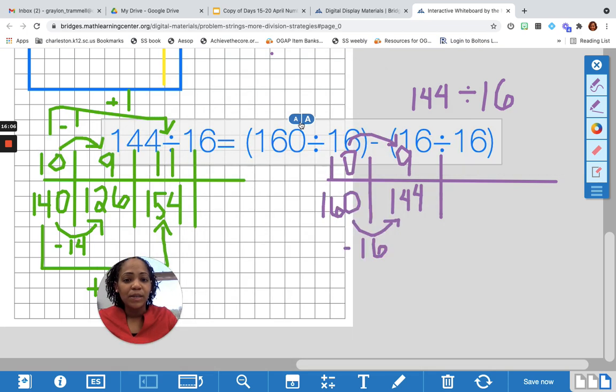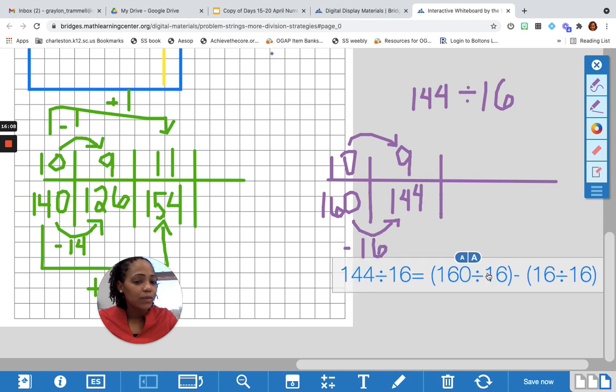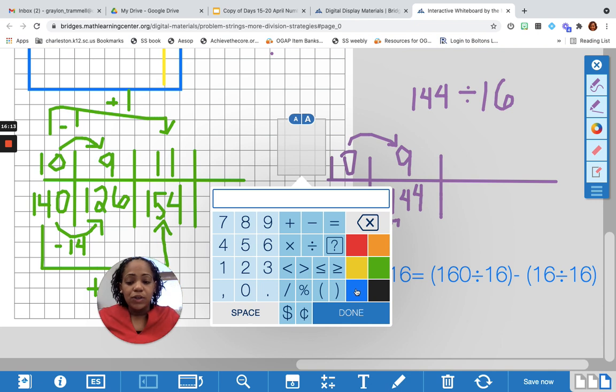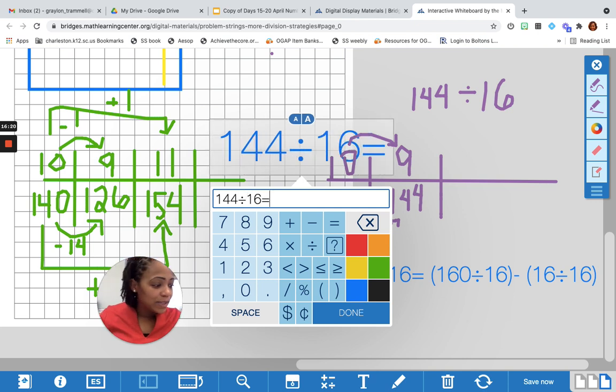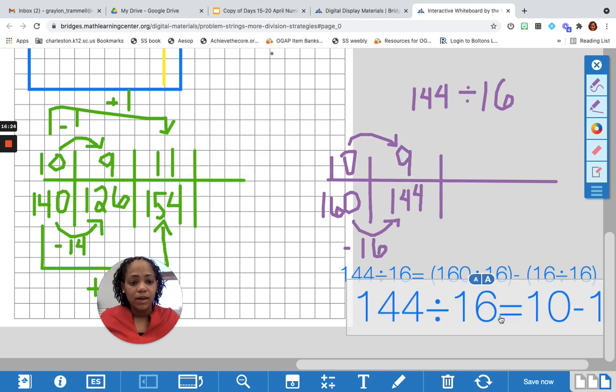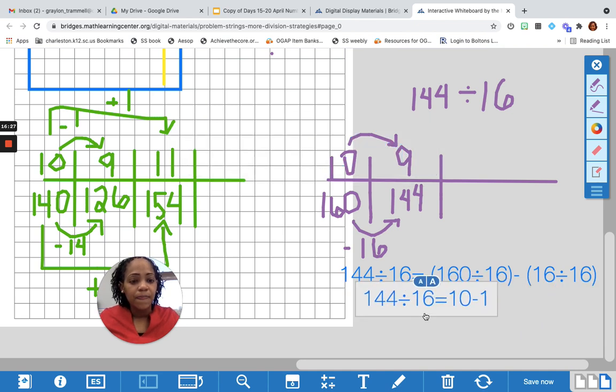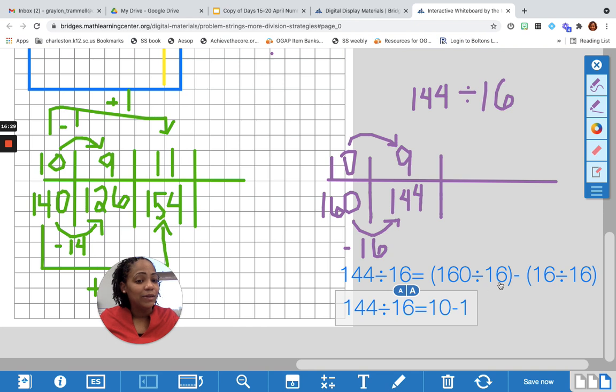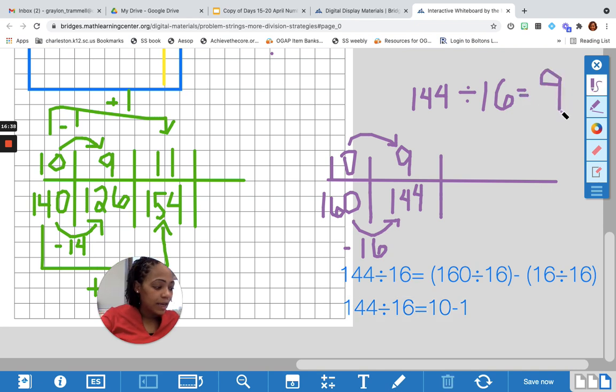So that's what we did, and I'm writing it out a little bit differently than what you've seen earlier, but I want you to see the connection. So that means I then had 144 divided by 16 equals the same thing as 10 minus 1. Because 160 divided by 16 is 10, and then 16 divided by 16 is 1. So we have 10 minus 1, which gives us a quotient, which is an answer of 9.